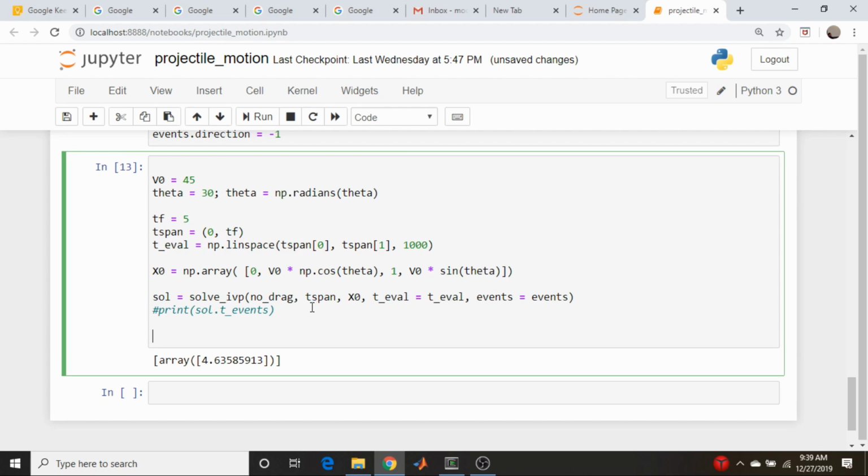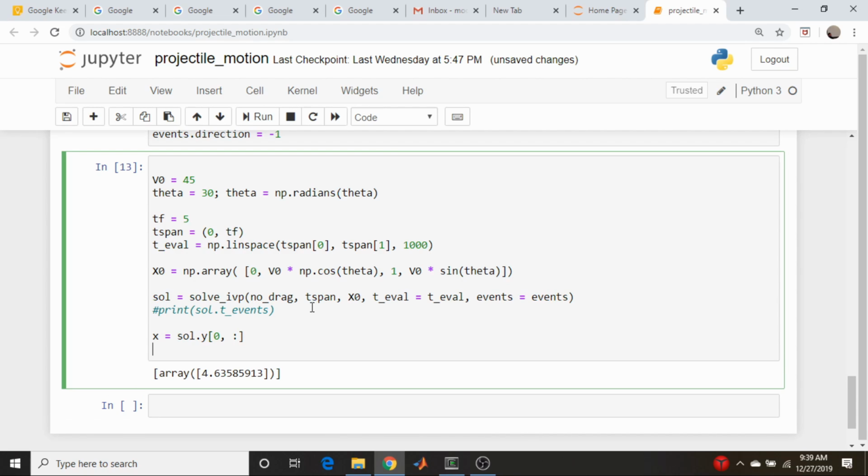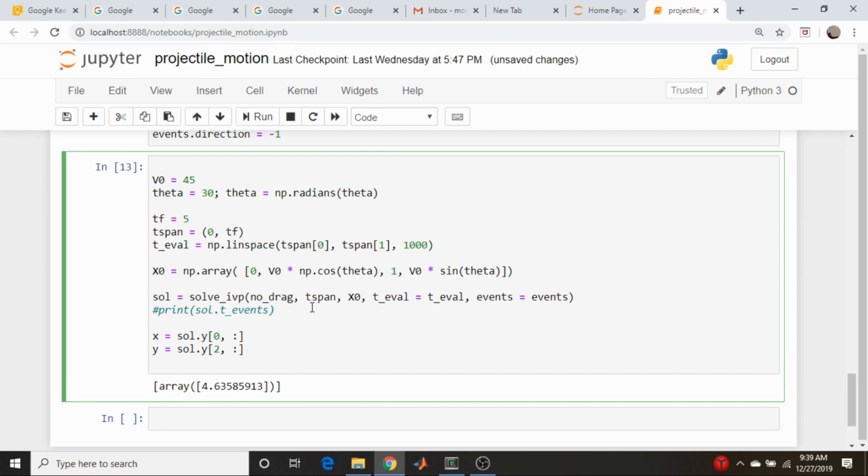X is equal to solution dot y, and our x values are the 0th row, and I think it's the 0th row in all columns, and our y values are the solution dot y, and it is the 2nd row, all columns. That looks good. Let's go over here, plt.plot x comma y, and let's just make these dots. Run.